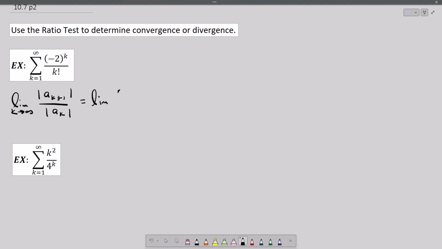So this is going to be 2 to the k plus 1 divided by k plus 1 factorial. So that's a sub k plus 1. Dividing by a sub k means multiplying by its reciprocal. So we'll have that. And let's focus on the 2's first. How many 2's are left and where?